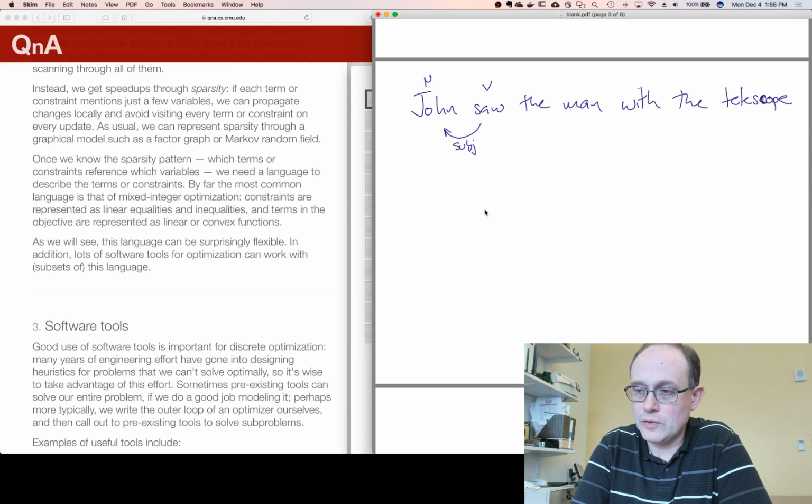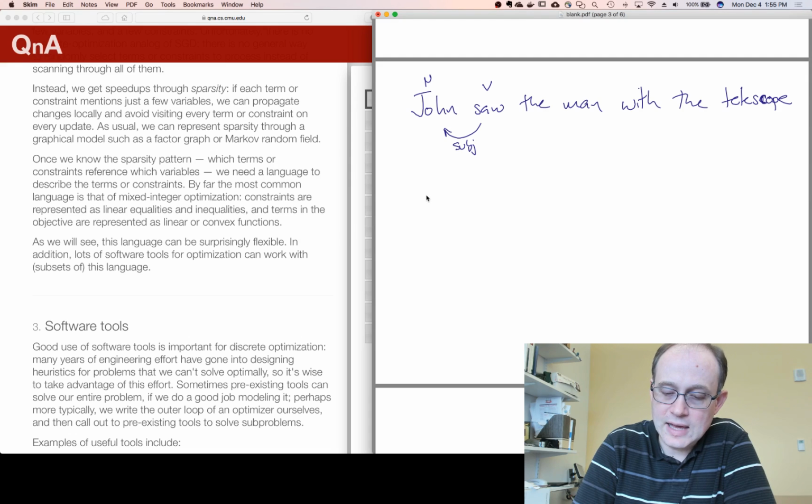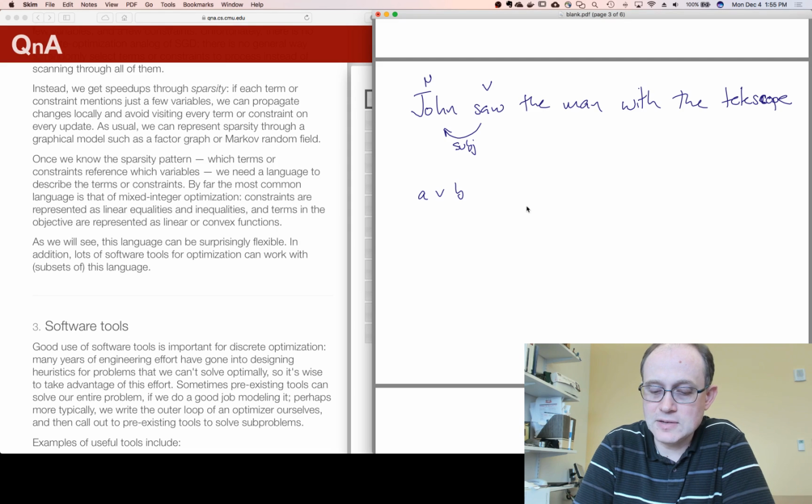For example, if you had the logical constraint that A or B has to be true, you would change that into an integer constraint.